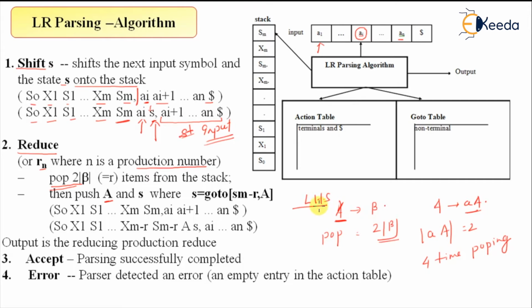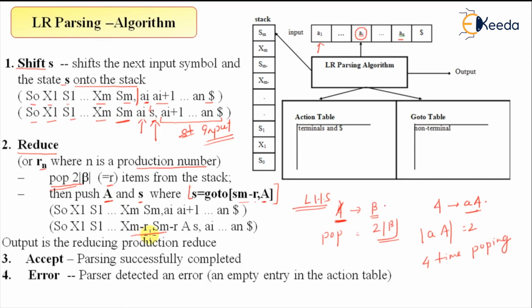So we pop 2 times beta, then push A, and then we write S, where S is equal to goto of SM and A. Whatever the reduction state, that state will go to A. This is written here as 2 times popping. We reach some R production that we pop, written as R number.